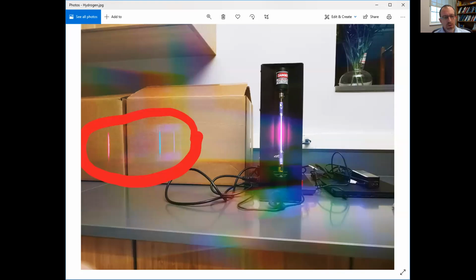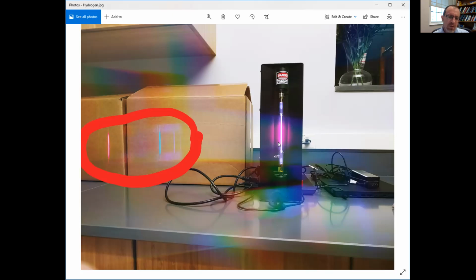And as a result of that energy, some of the electrons in the hydrogen atoms get excited up into higher energy states. And then when they drop back down to lower energy states, they do emit light.